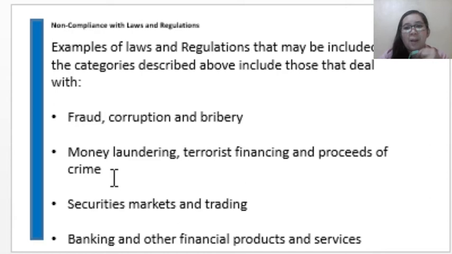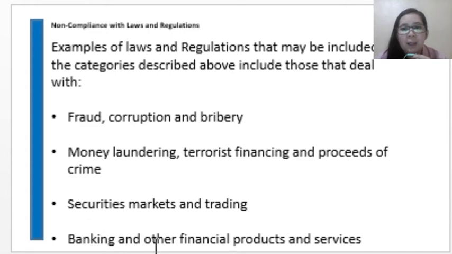Okay, so money laundering. Another is security markets and trading. So this relates to the misappropriation of assets, where these assets can easily be converted into cash, even without the need for authorization or documents for selling or buying them.